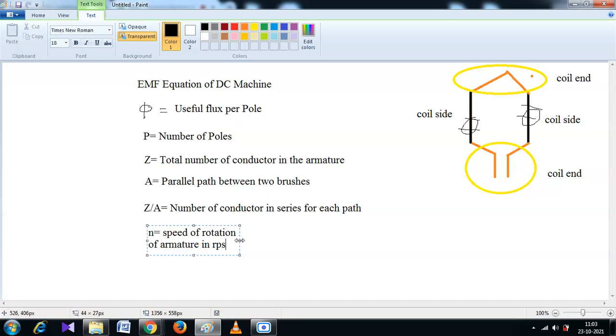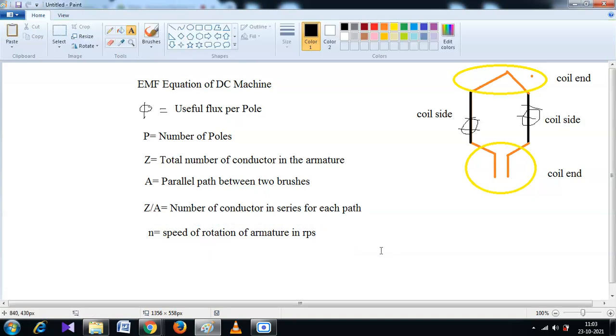What is the full form of RPS? Have you ever heard RPM? Ayush, have you heard RPM?